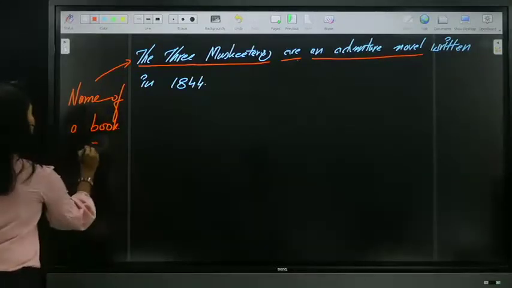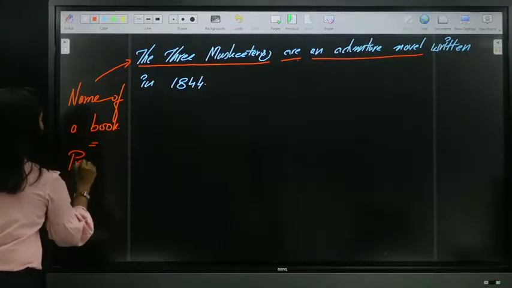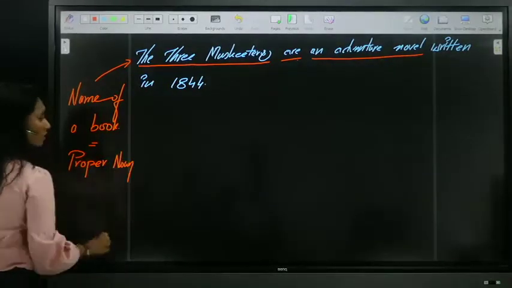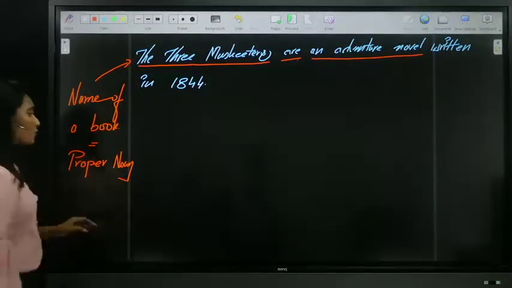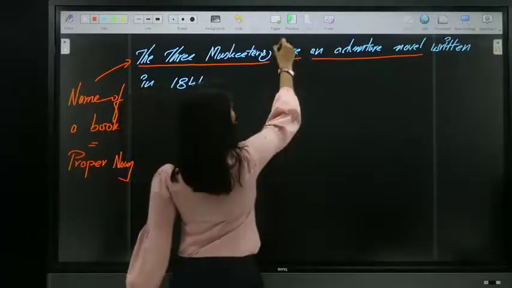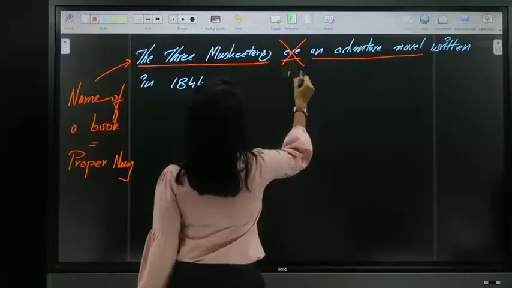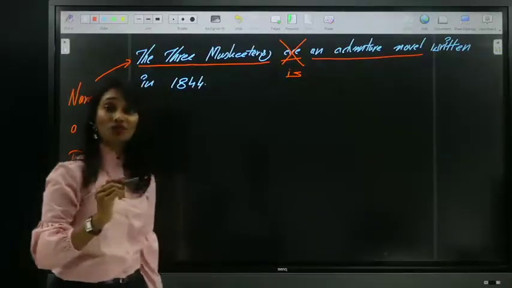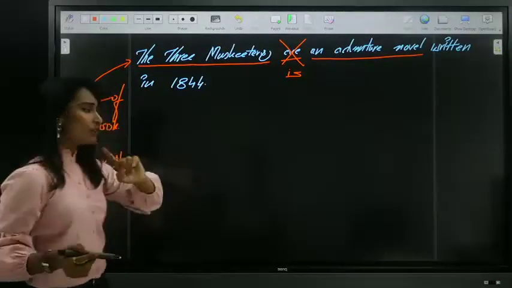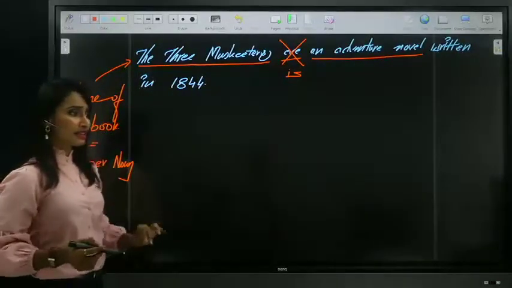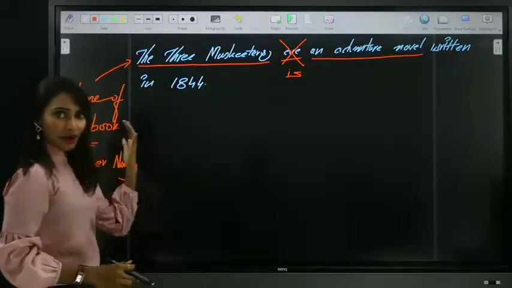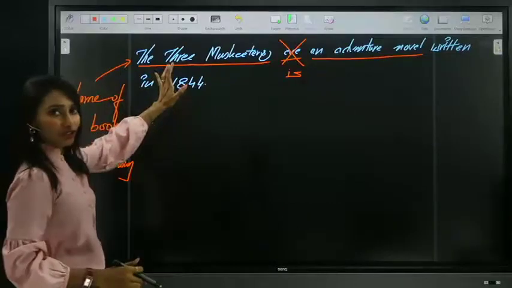That means it is a proper noun. So we learned proper nouns are always singular, not plural. That means we have to replace are with is, because The Three Musketeers is the name of a book which is a single, right? So singular noun requires singular verb. It is a book, so we have to use singular.